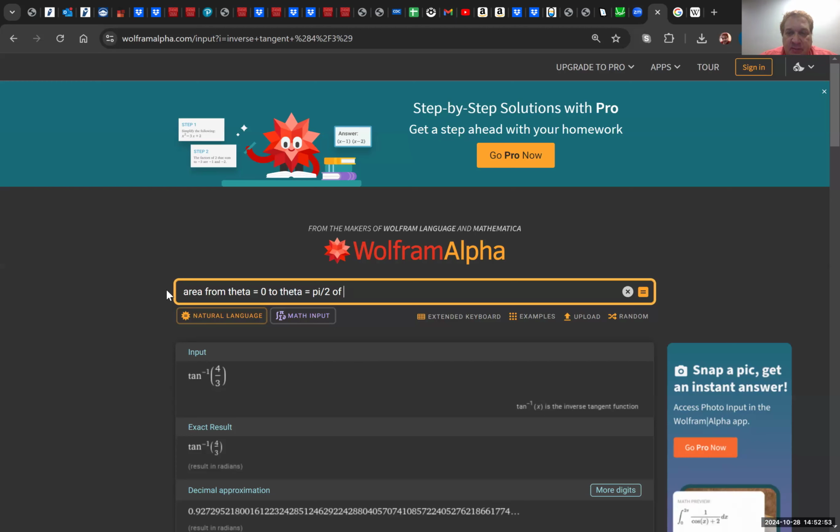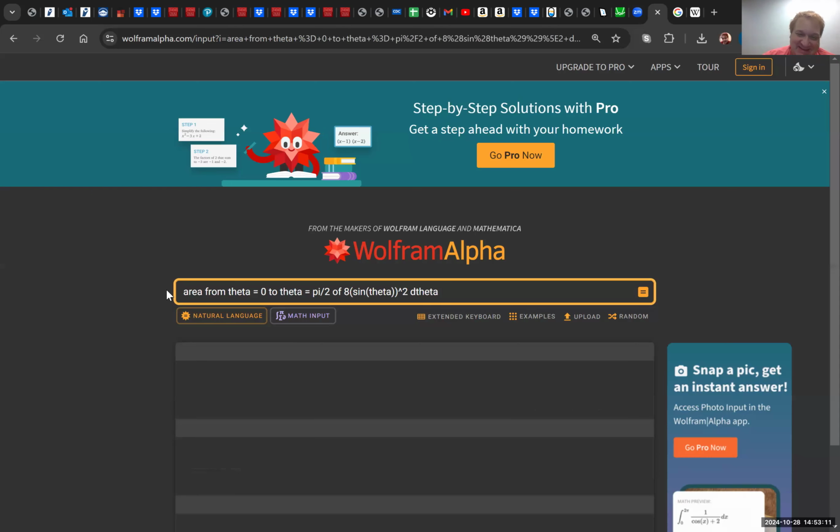So 1/2 times 16 was 8. And then I have sine theta squared d theta. All right, let's see if it understands that. It'll try to interpret it so you can know if it made a mistake in understanding what you wanted.